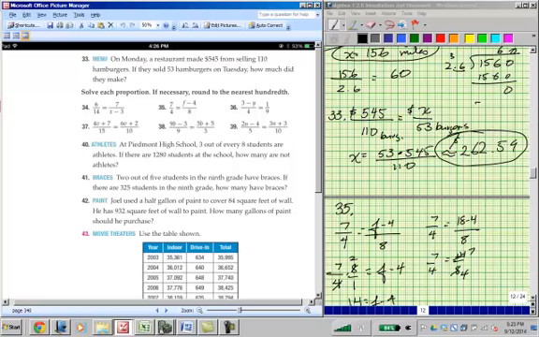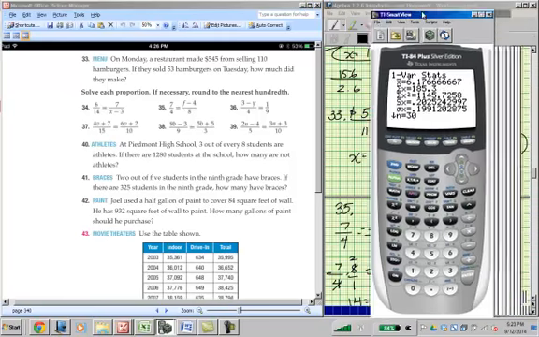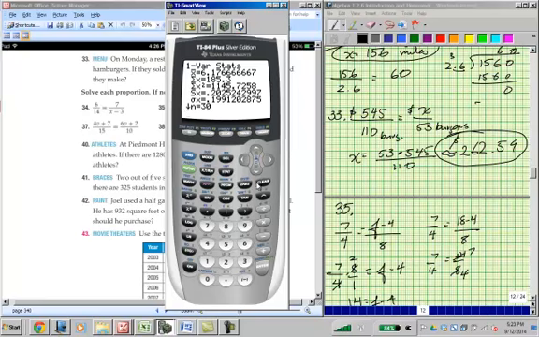I do this all in one step to avoid rounding errors. I get $262.59, and the rest, 0.09091, just rounds to that zero.